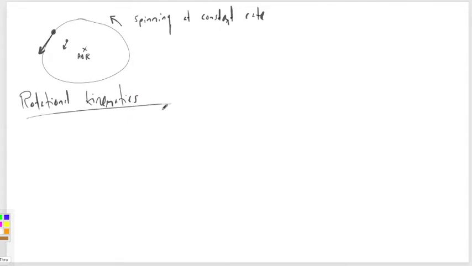And this should kind of be a review for you guys. So I know that these points have tangential velocities, which I'm going to call VT, VTan, tangential, tangent to the path.